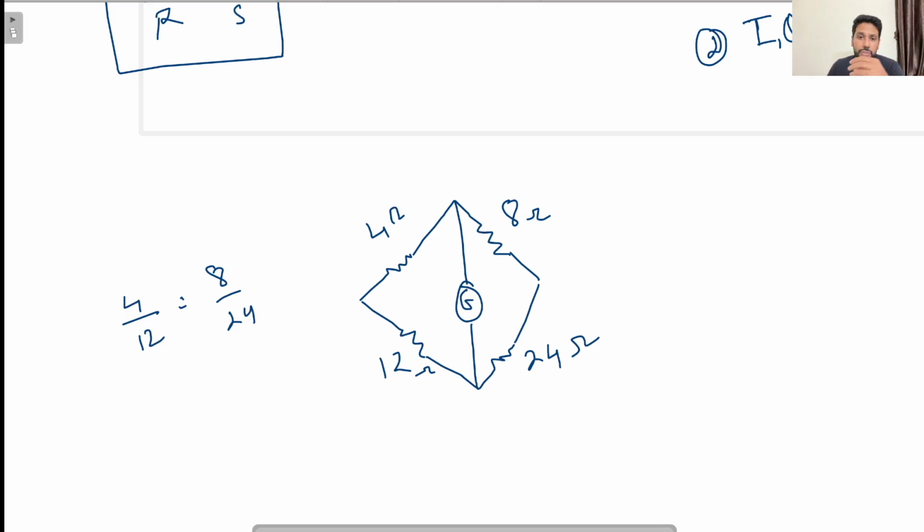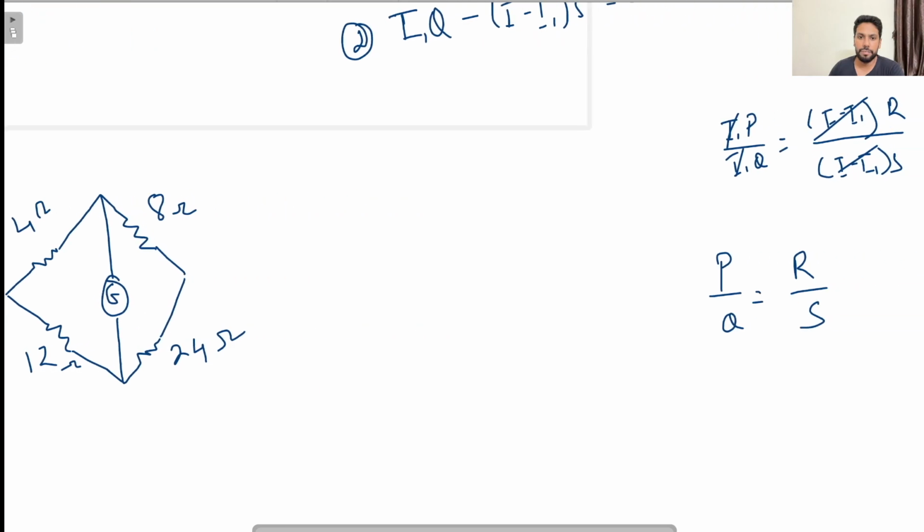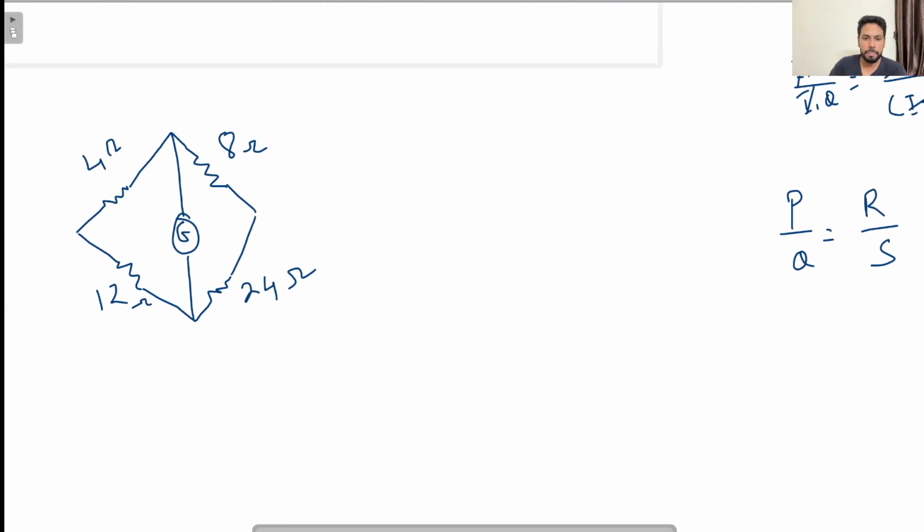So if we have another example where in the place of G they give you another resistor of 5 ohms, and they ask you what is the total resistance between the points A and B. What is the total resistance?